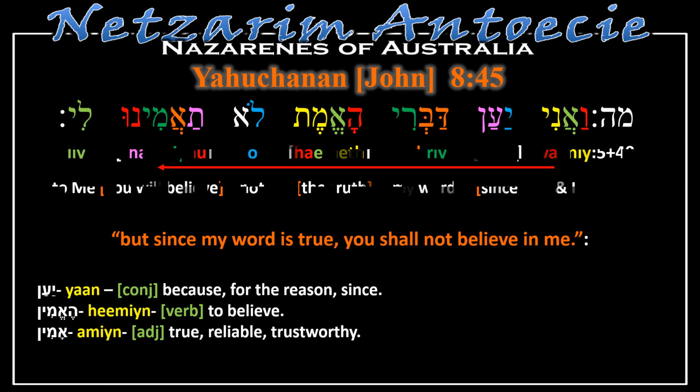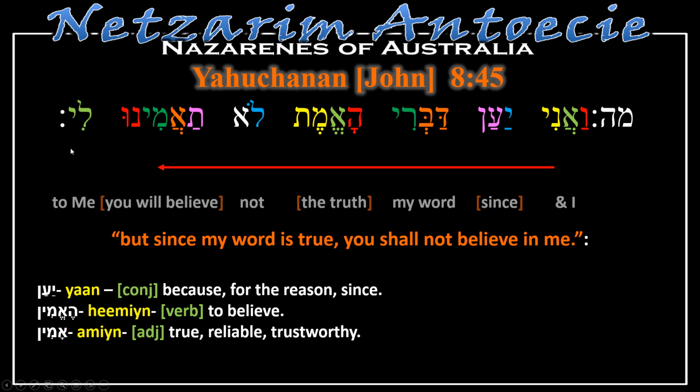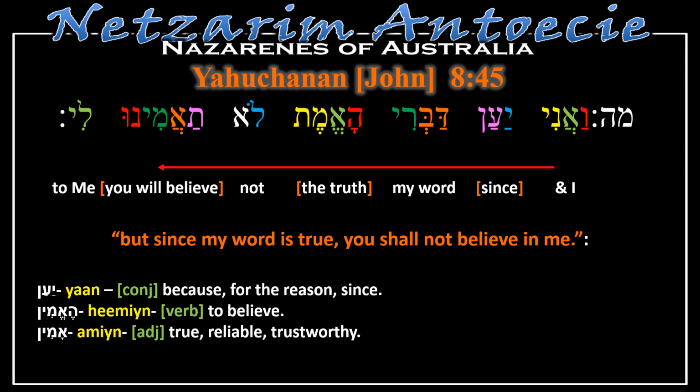And so now we can read that. Va'ani, ya'an, dab ri, ha emet, lo ta'aminu li. And the direct translation, and I, since my word the truth, not you will believe, to me.